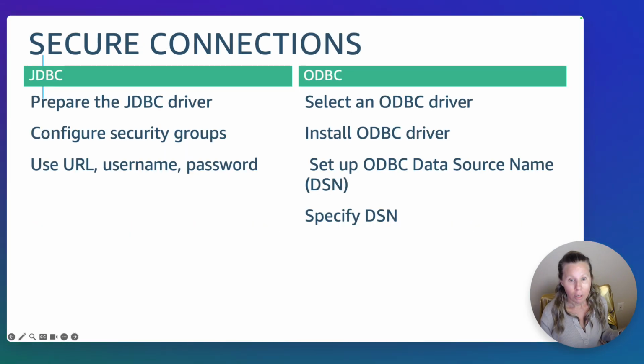For the exam, also ensure you know how to connect to different data sources such as Java Database Connectivity and Open Database Connectivity. JDBC is a Java API for connecting and interacting with relational databases. In AWS, to connect to a data source using JDBC, you first prepare the JDBC driver for the specific database you want to connect to. Next, you configure the needed security groups with inbound rules to access the necessary ports for that database.